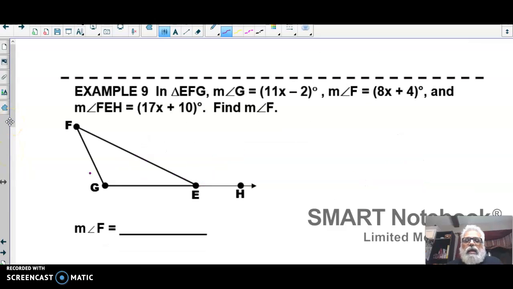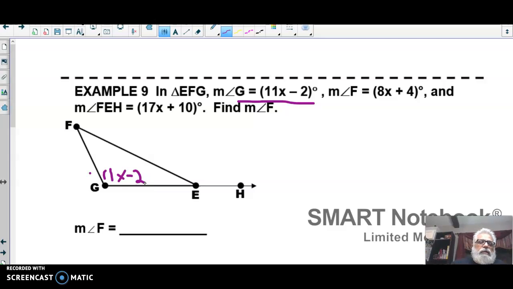Now we're going to use that exterior angle to solve for x and then use that to find another angle. So in this particular problem, angle G is 11x minus 2. So I'm going to write in here 11x minus 2.